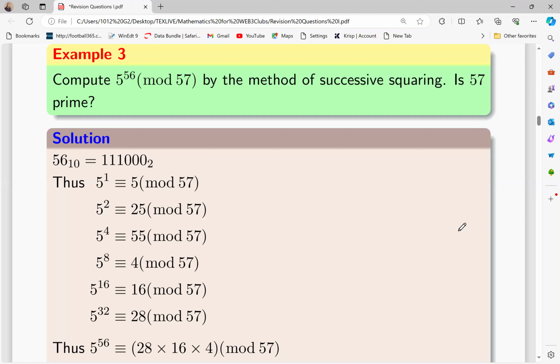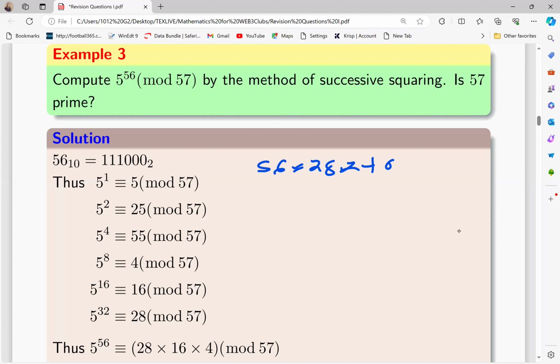So I'm supposed to change 56 into binary. I think we start with 56 and divide by 2 going down. So 56 is equal to 28 times 2 plus 0.